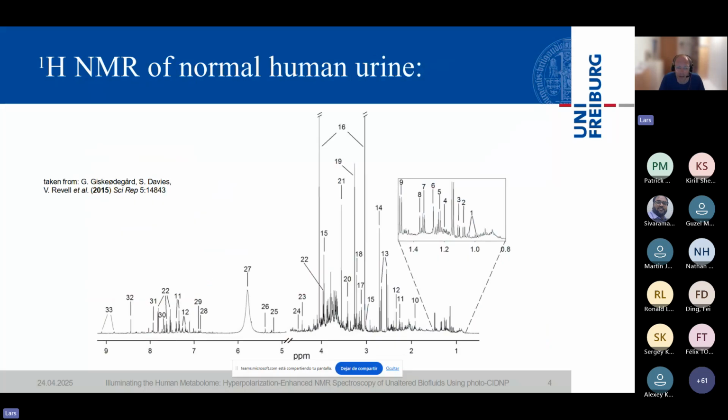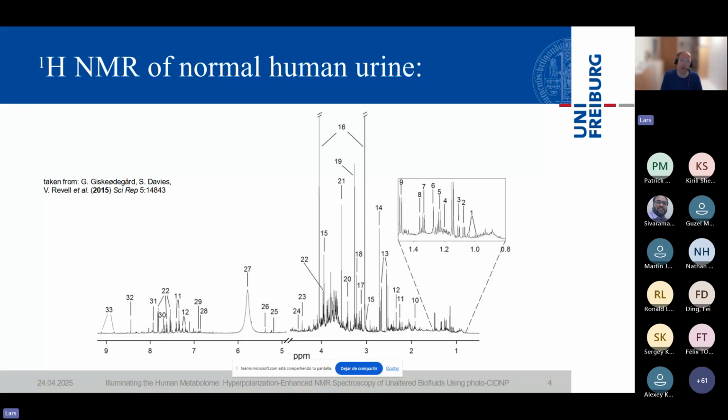Just to give you an example, this is the proton NMR spectrum of a sample of normal human urine. This is a sample that you very often deal with in metabolomics, because it is full of clinically or medically relevant information, of course. As you can see here, the NMR spectra of these mixtures are hugely crowded, especially in this case in the aliphatic part of the spectrum, but also in the aromatic part.